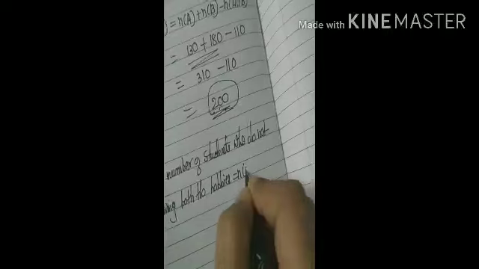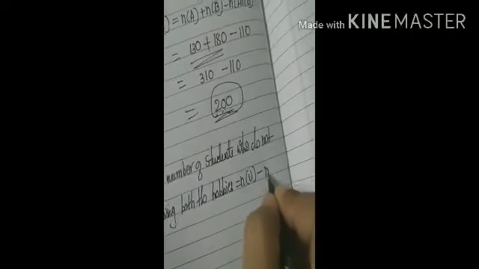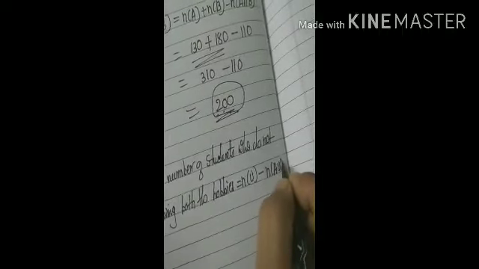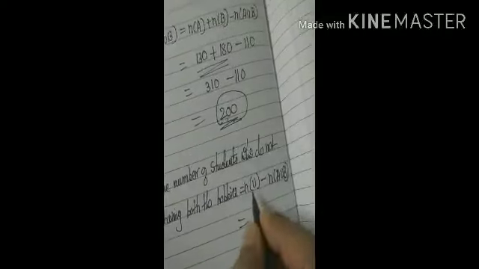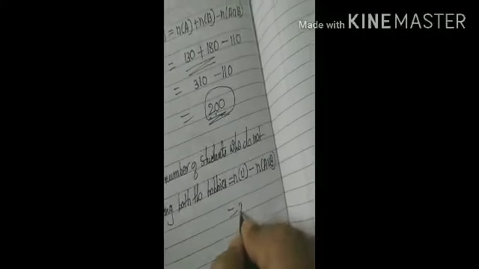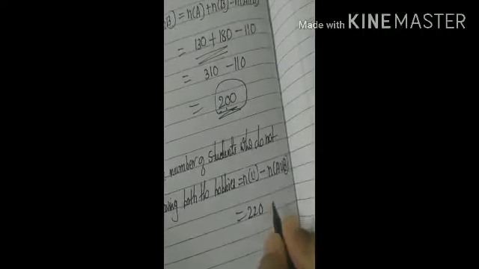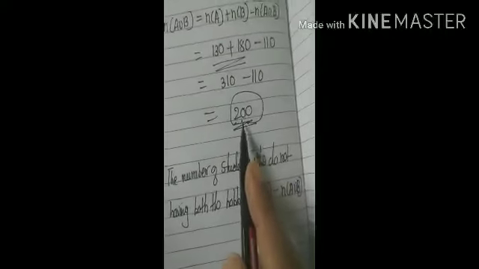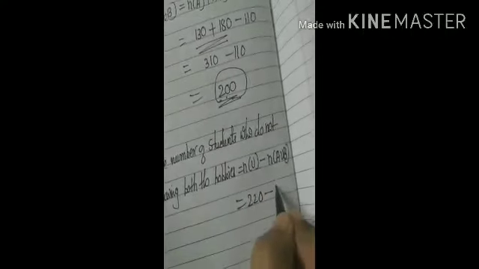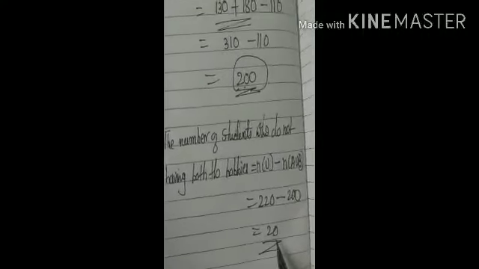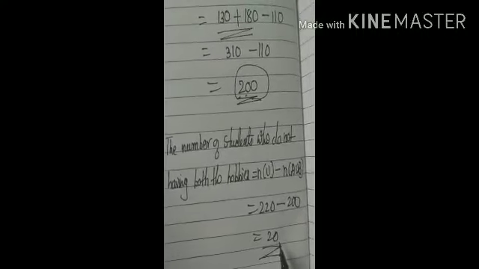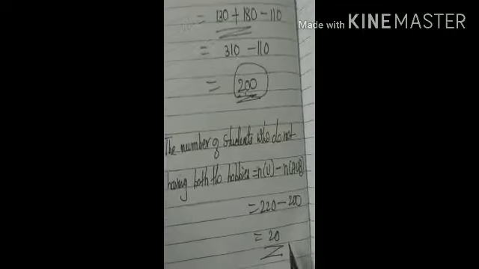So n(U) − n(A ∪ B). Universal is given 220, minus union we got just now 200. So 20. So 20 students who do not have both the hobbies.